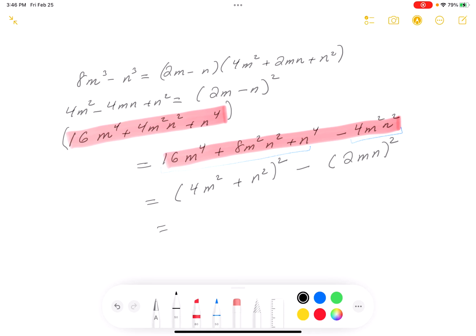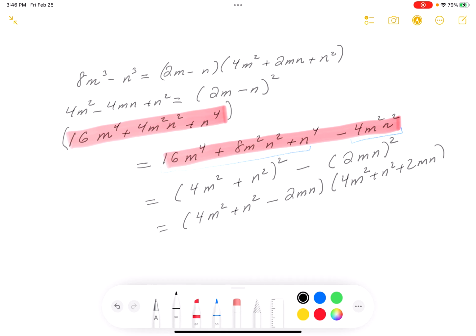I wouldn't disagree with that. That's factored now. But let's see what happens when I do that. You get 4m squared plus n squared minus 2mn, and you're going to get 4m squared plus n squared plus 2mn.